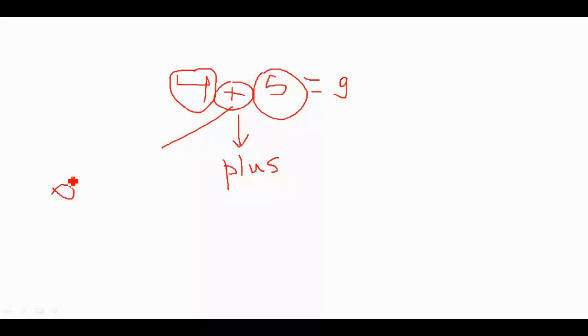So we can say that here plus is the operator, and the 4 and 5 on which this operator is acting are known as operands.